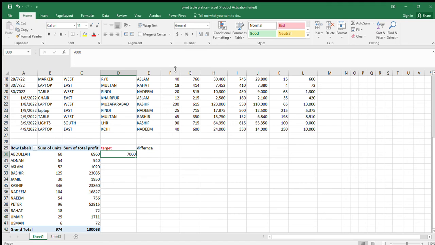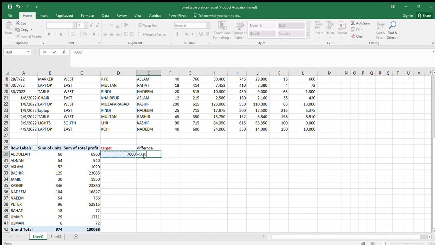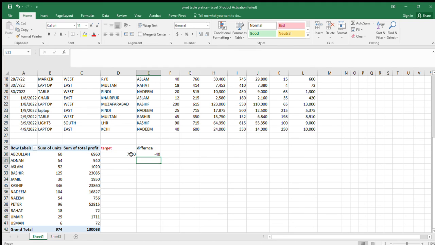This was his profit, and if you apply the formula, the difference is this one minus this one. This salesperson is in minus, it means he has not achieved his target.